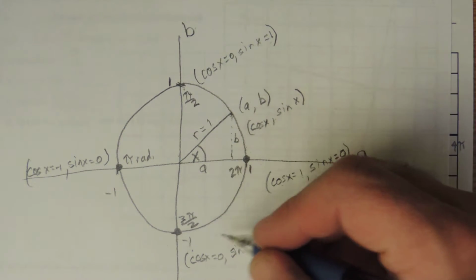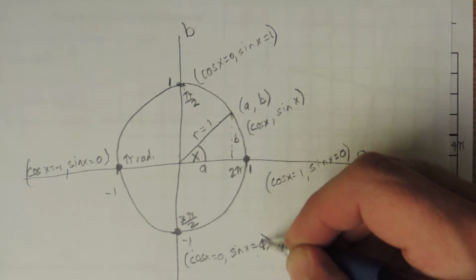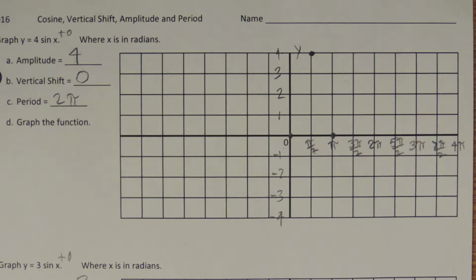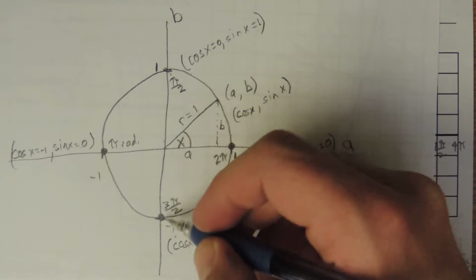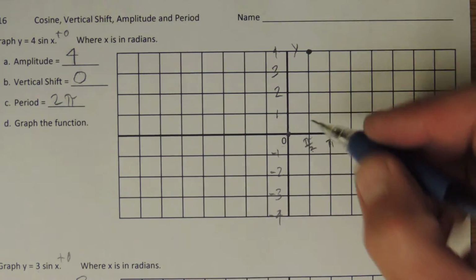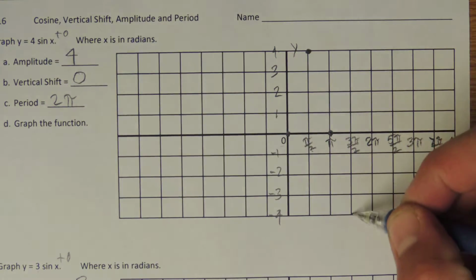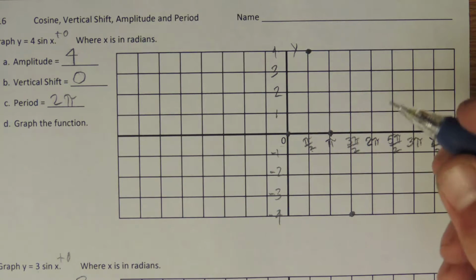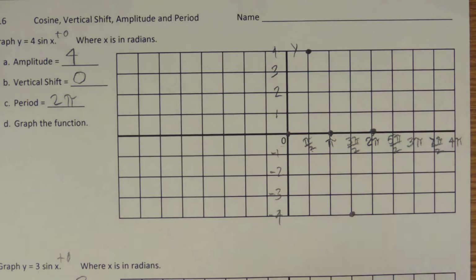Sorry, I wrote that wrong on my unit circle. Sine is the b value, so the sine is -1, because I am down below. So I go -1 on my sine, I multiply by 4. I'm down at -4. And I go back to 0 at 2 pi on my unit circle.